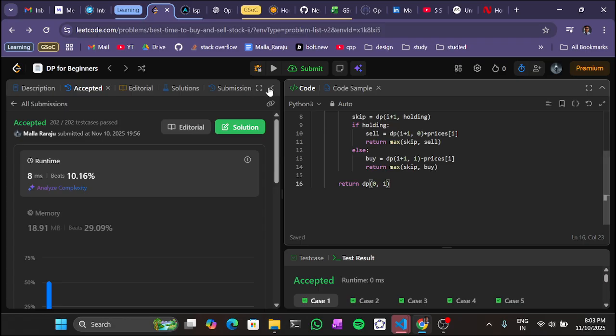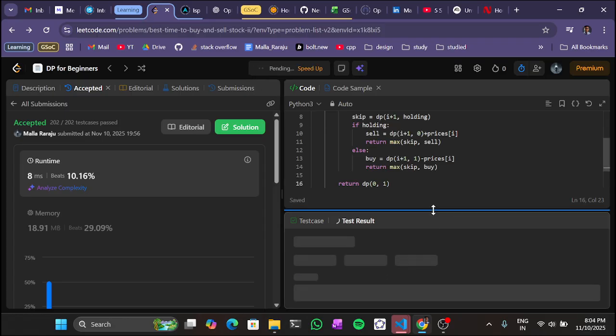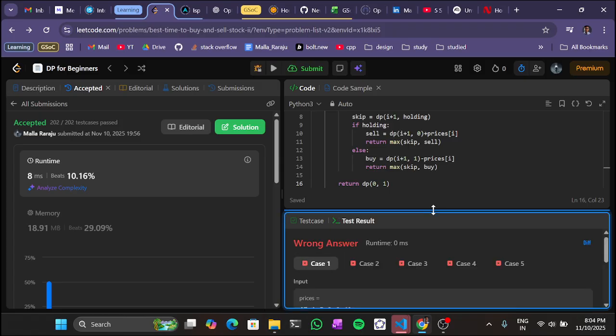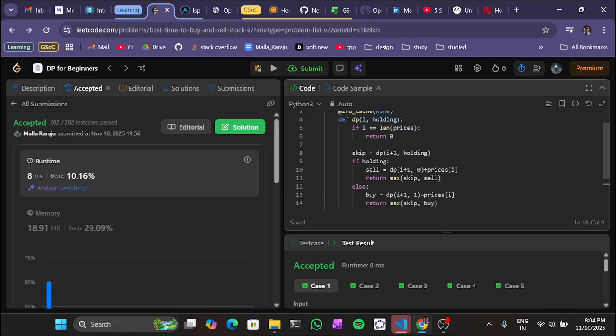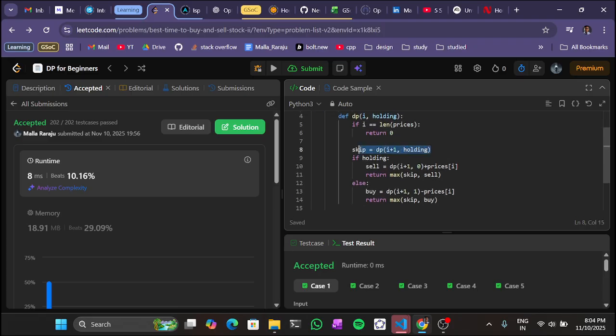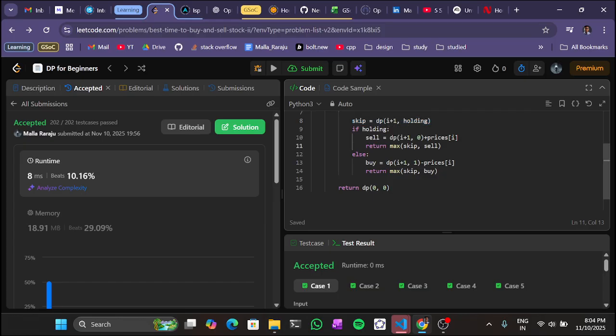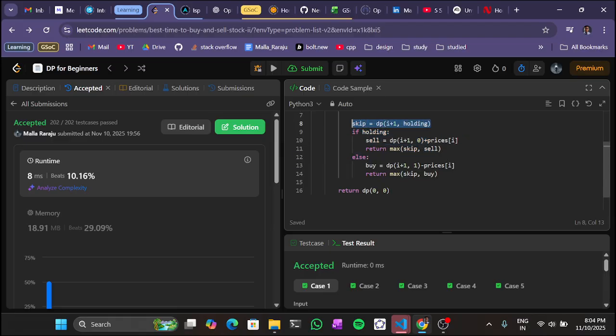Or if you choose to hold, this would give the same value, I guess. Nah, you cannot hold at the 0th position. When we are starting, we are holding nothing. Then we choose to skip again, or we choose to buy.